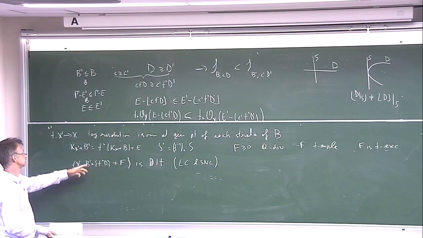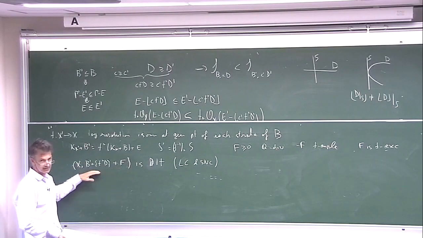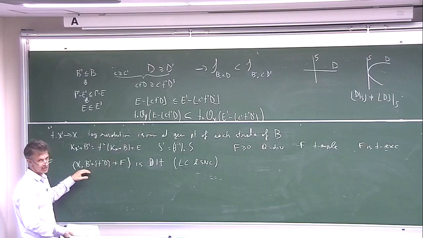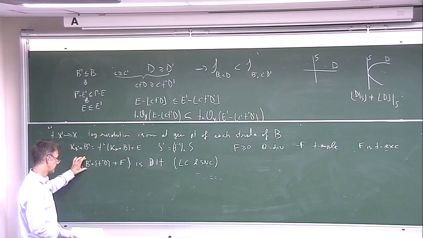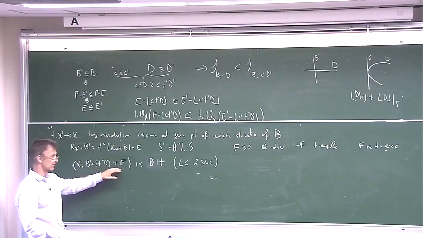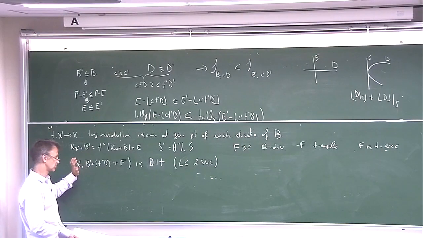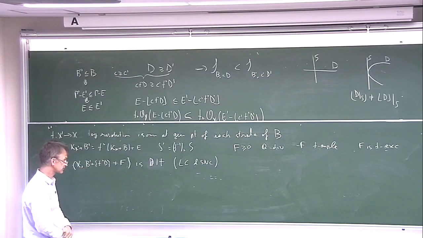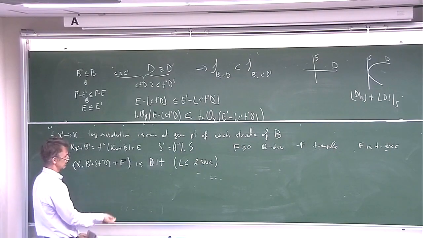Because we took a log resolution, F is an exceptional divisor, so everything inside has simple normal crossing. I just have to check that there's nothing with coefficient greater than 1. So B prime is just the strict transform of B. By assumption, D does not contain any component of B prime, so the coefficients along B prime are less or equal to 1. Ignore F for the time being.